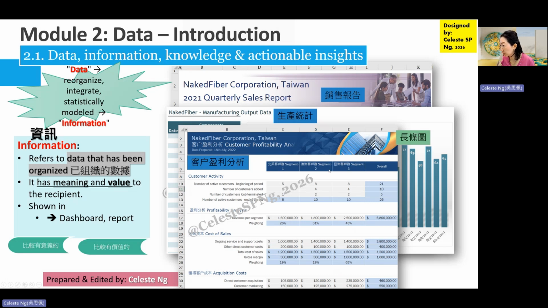For example, from here we know that customers from segment 3 contribute 43% of the company's revenue. So it's telling us something, right? And this is information. It shows us which customer is more profitable relative to the others. It also tells us the acquisition cost of customers in each segment. So it's more meaningful, and it has value in it.